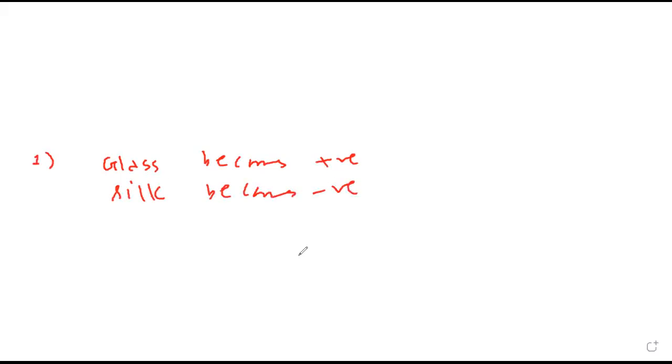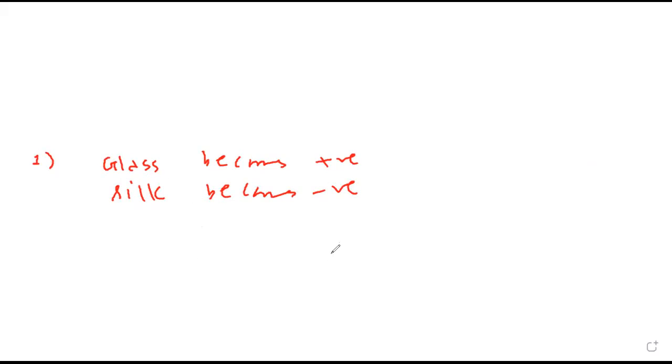First one. When a glass rod is rubbed with silk, what happens? Glass becomes positive, silk cloth becomes negative. This is found by the gold leaf electroscope method, which you have done in lower standard. So glass becomes positive, meaning glass rod rubbed with silk will lose electrons, correct?